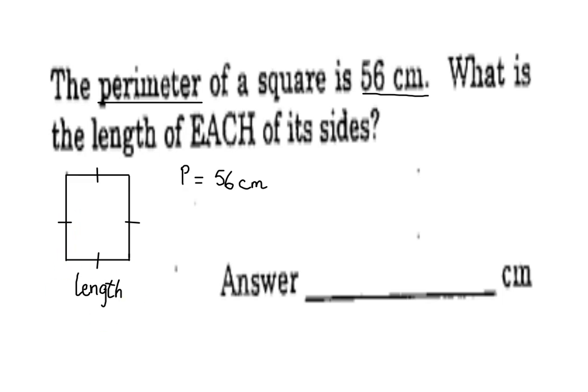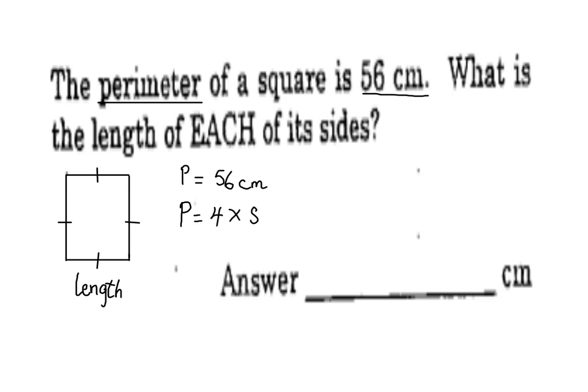So the perimeter, I'm going to write that down, the perimeter of a square is 4 times the length of one side, right? So usually we use S to indicate the length of a side in a square. 4 times S. If the perimeter is 4 times S and we're trying to find the length of one side, essentially what we should do is take the perimeter divided by 4.